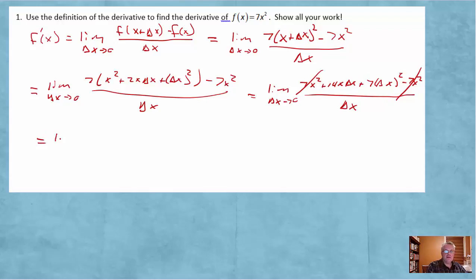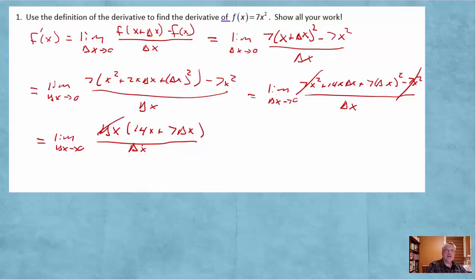So we get the limit as delta x goes to 0 of delta x times 14x plus 7 delta x, all over delta x. So I factored out a delta x here, that leaves a 14x. If I factor out one delta x out of this, that just leaves 7 times delta x.